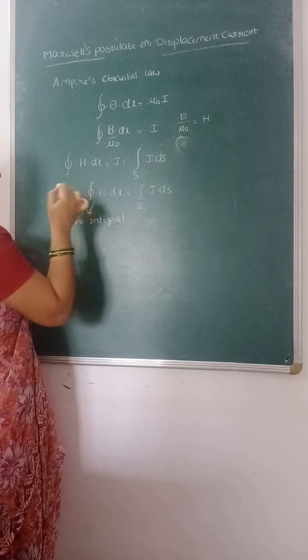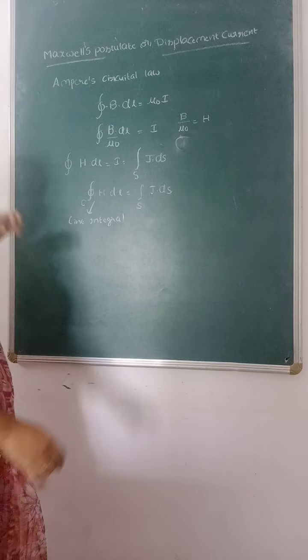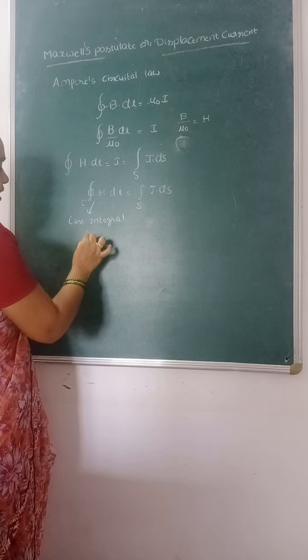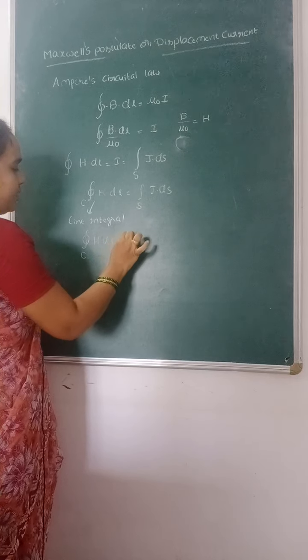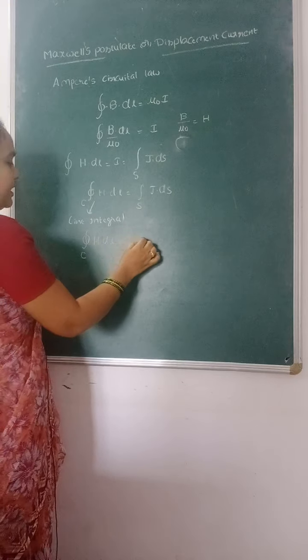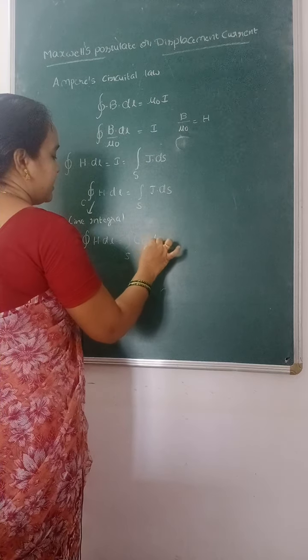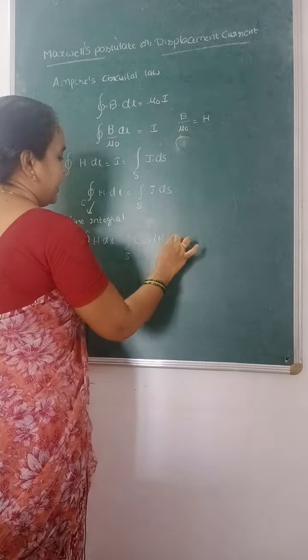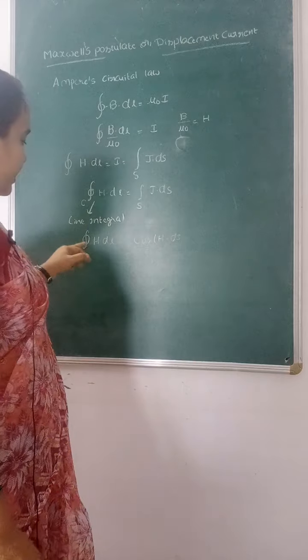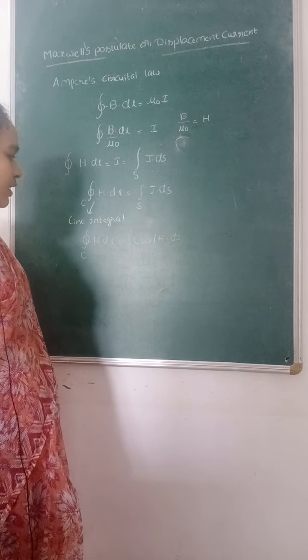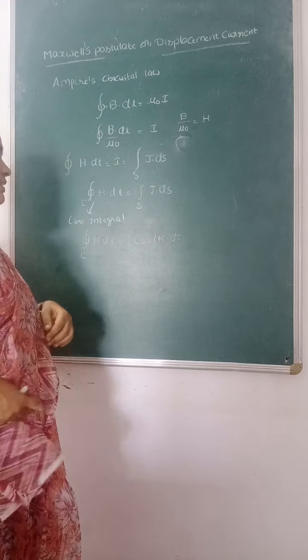Any quantity in a line integral will be converted into a surface integral by taking the curl of that quantity, that is, curl H dot ds. The line integral of H dot dl is equal to the surface integral of curl H dot ds.